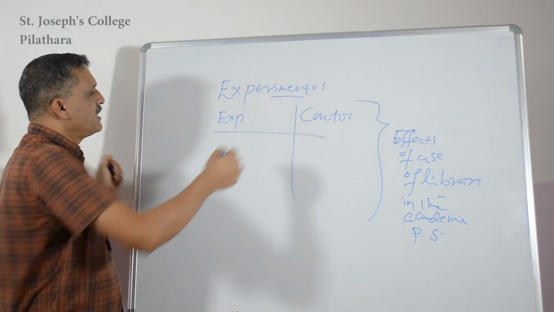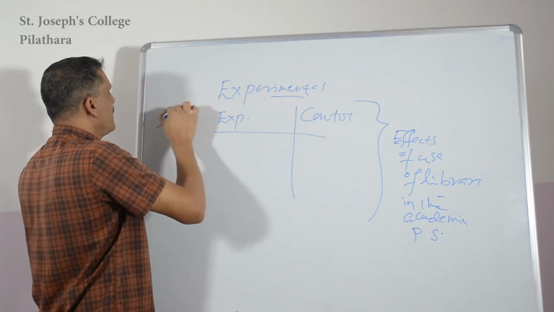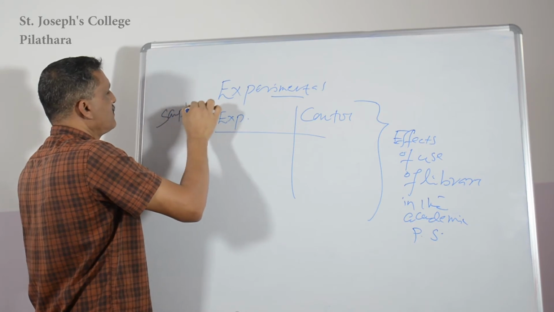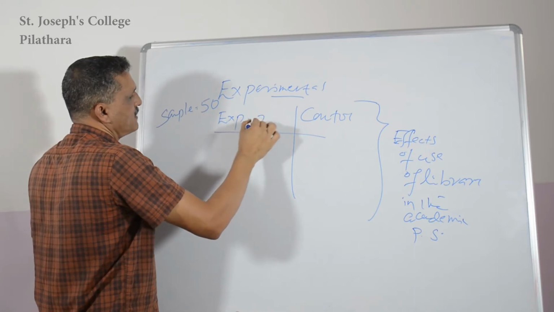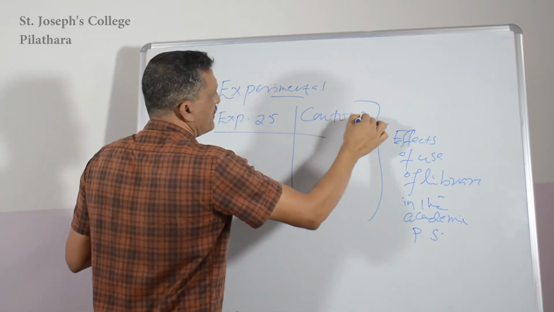For that we have divided our sample, the sample size is 50. So, we have 25 here and another 25 here.